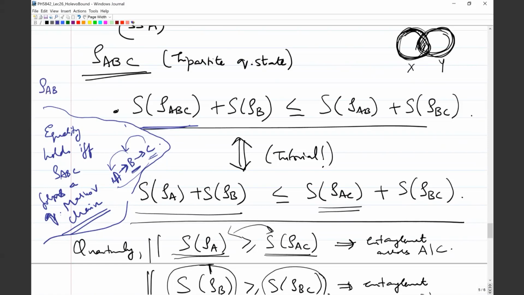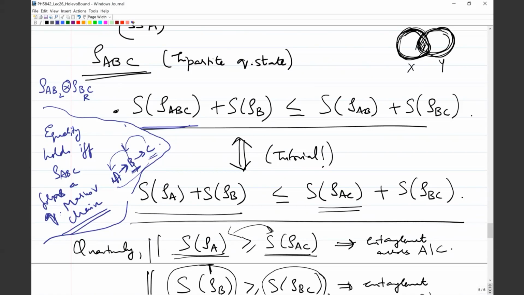It is correlated in the BC sector, but it's as if the system B is split down the middle, and people often write this as a B left and a B right. Okay. So it's as if the system B is split down the middle, exactly how a classical Markov chain would be, so that C is only correlated with A via B, and C is independent of A given B. Okay, so that's what a quantum Markov chain means.